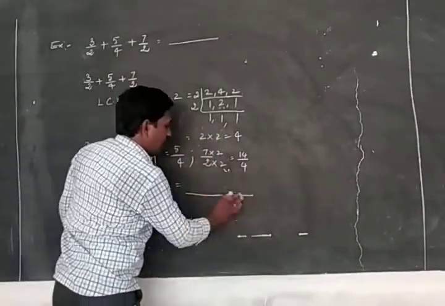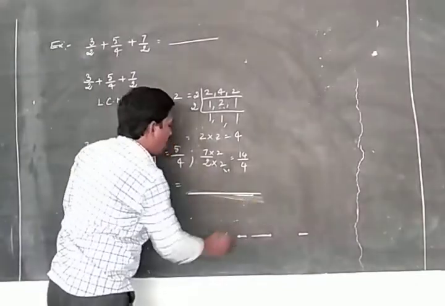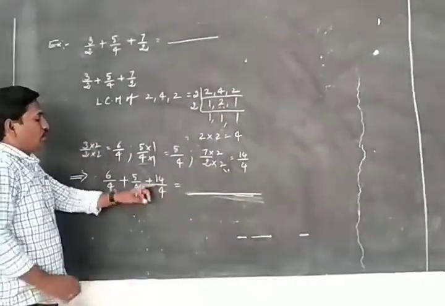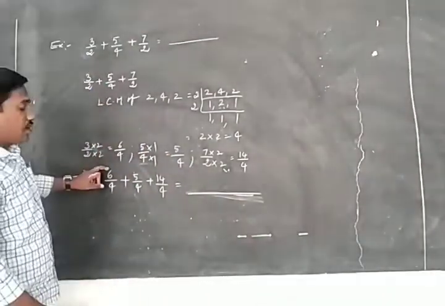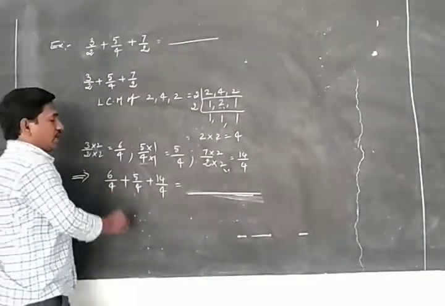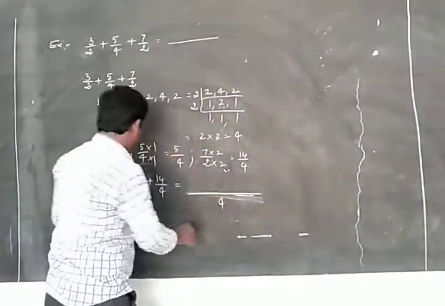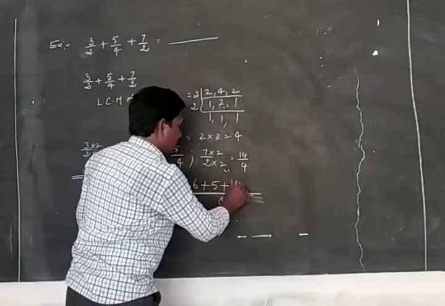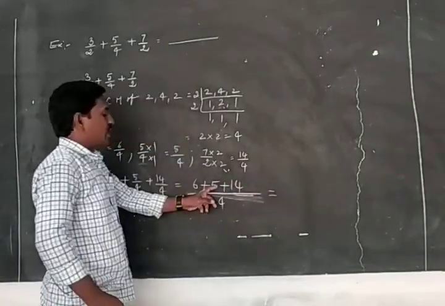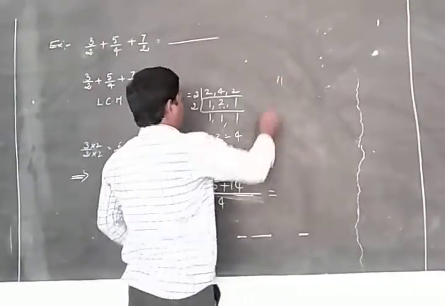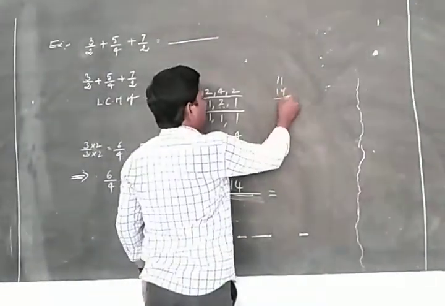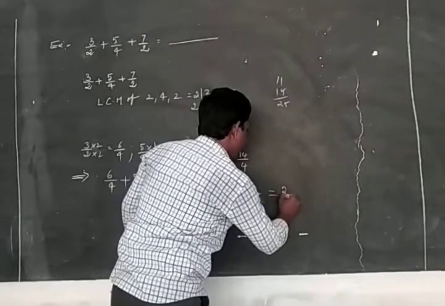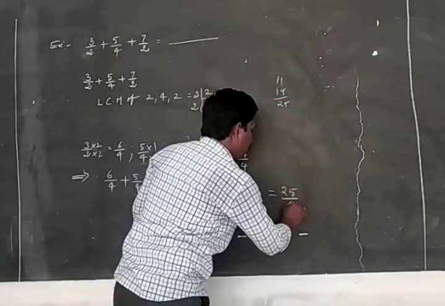Now take the common denominator 4, 4, 4. So three fractions are changed into like fractions. 6 plus 5 plus 14. How much? 6 plus 5 is 11. 11 plus 14 is 25. 25 by 4.